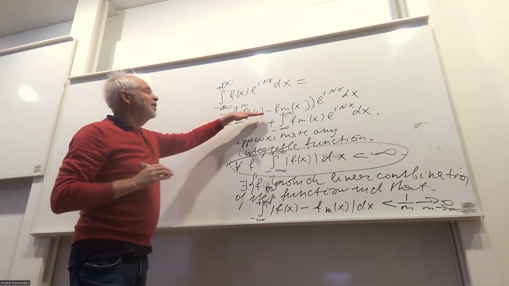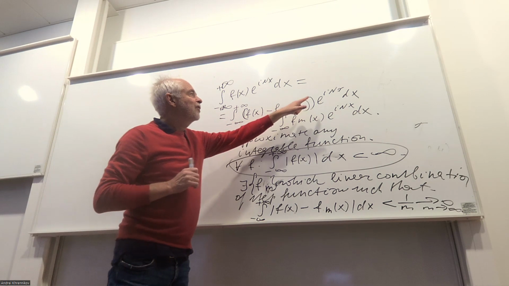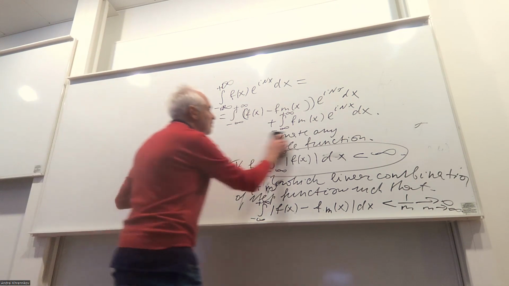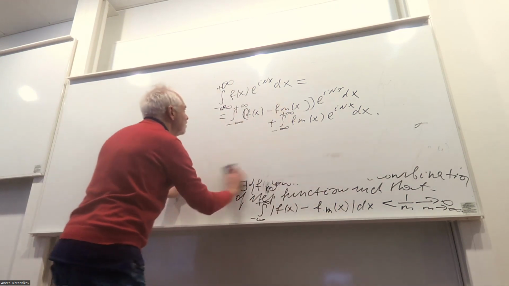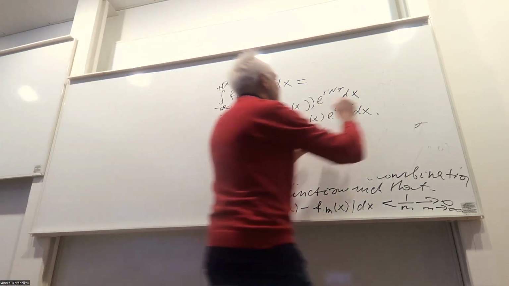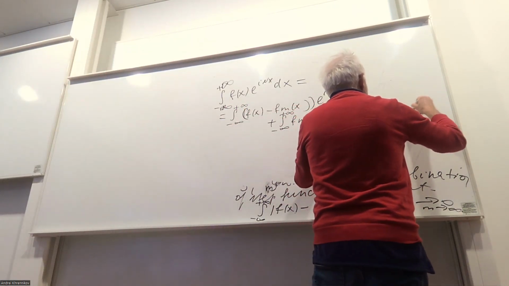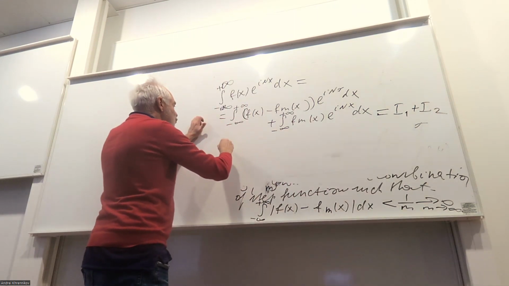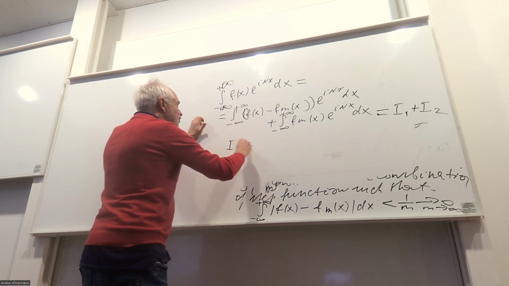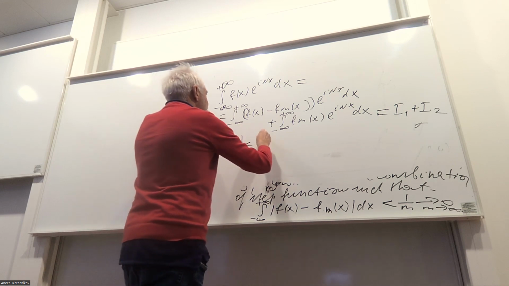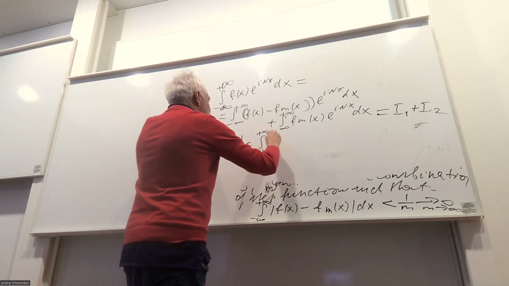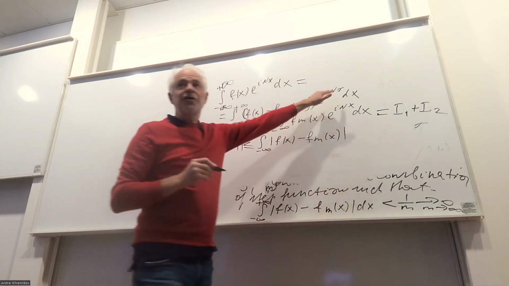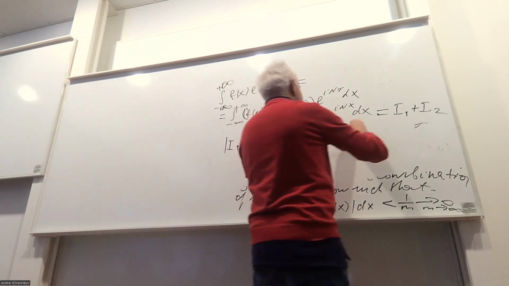Now this we can make small uniformly with respect to n. Let us denote them E1 plus E2. We know that E1 is less than or equal to the integral of |f(x) - fm(x)|, and the exponent disappears because its absolute value is 1, dx.